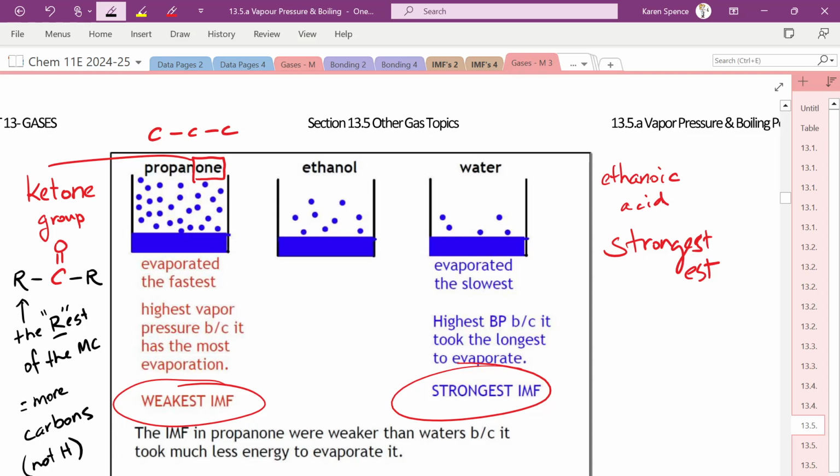So we would have, for this particular one, our ketone group would be here. And you see how there's a carbon on either side of it? Okay. And now these carbons, because there's only 3 carbons, these would have to be filled up with hydrogens.